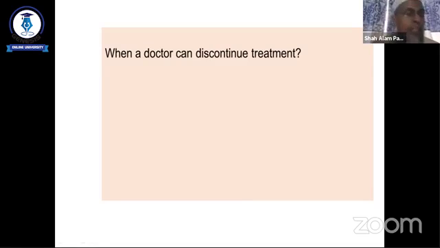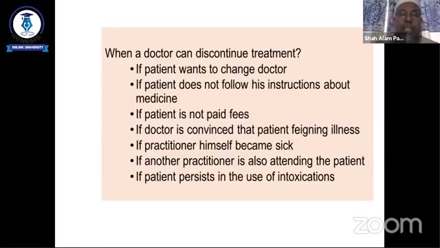And to keep this reasonable care and skill up to date, you have to continuously update your professional competency, either by CME or CPD, continuous medical education or continuous professional development.